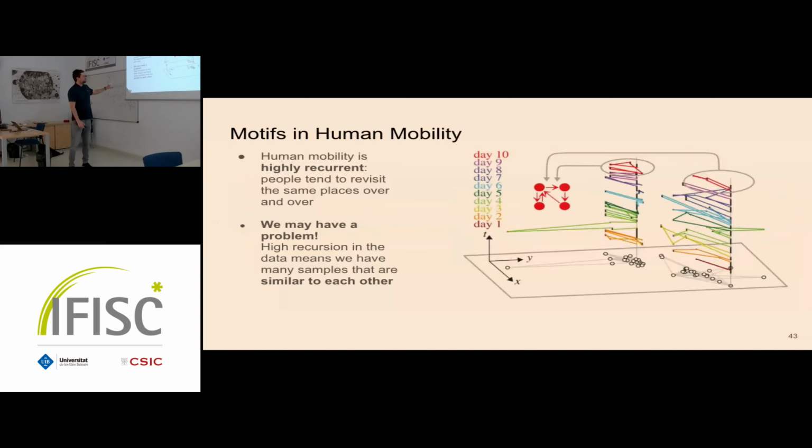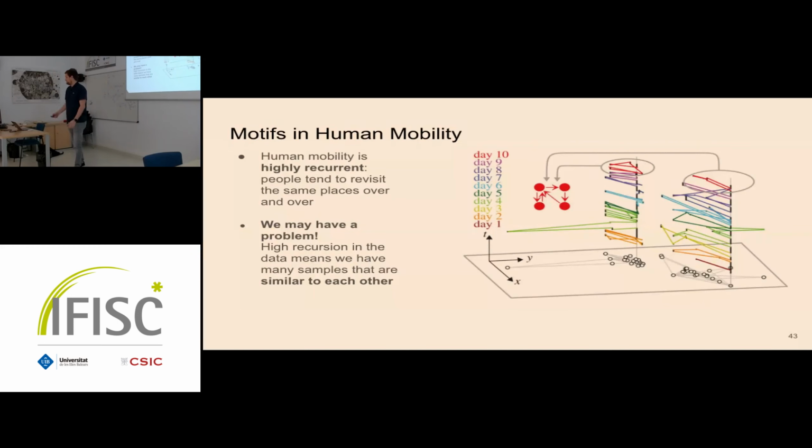So let's start from a study by Marta Gonzalez, who is a professor at Berkeley right now, but there are many studies showing that human mobility is actually predictable.